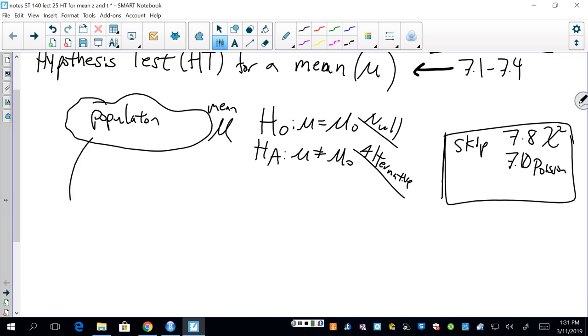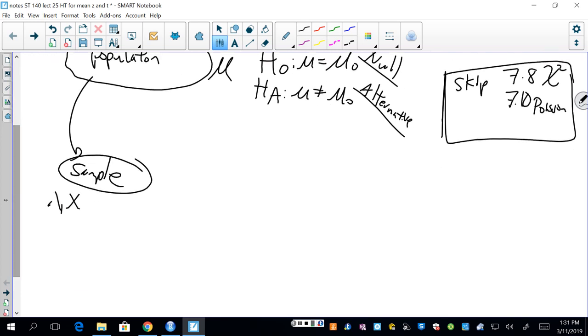And then we're going to get a sample of data from that population, x1, x2, up to xn, and get a value of x bar. And then we're going to use x bar to assess these hypotheses. We're going to reject the null hypothesis in favor of the alternative if x bar is far enough away.